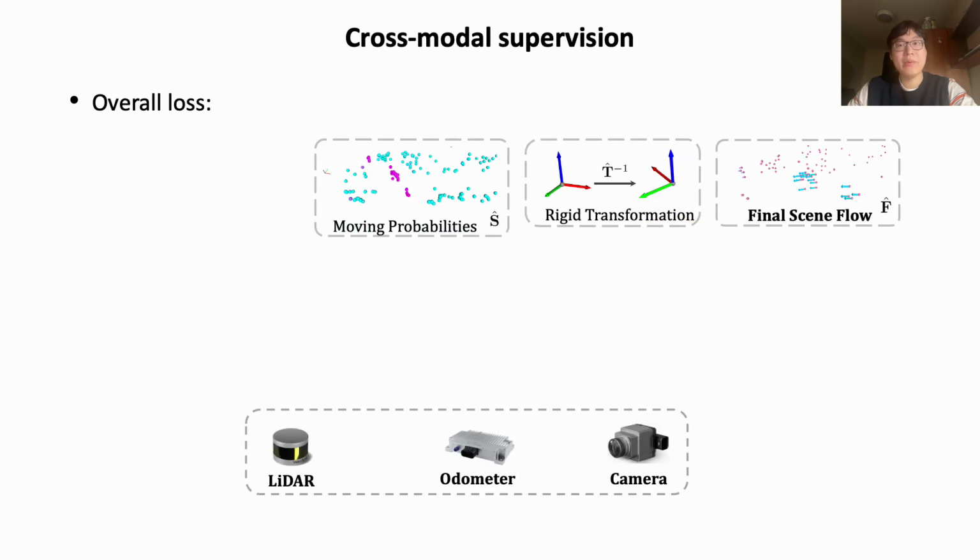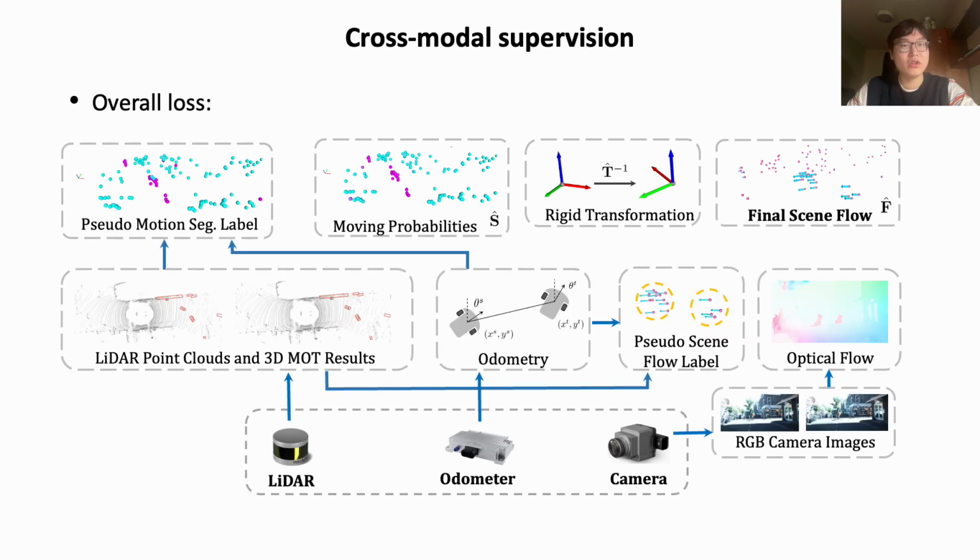A key step in our pipeline is to retrieve the cross-modal supervision signals from 3 collocated sensors on autonomous vehicles. It can support model training without human annotations. These cross-modal supervision signals are utilized to constrain our outputs with various loss functions.